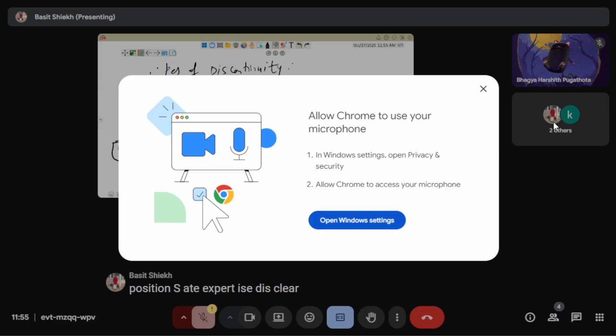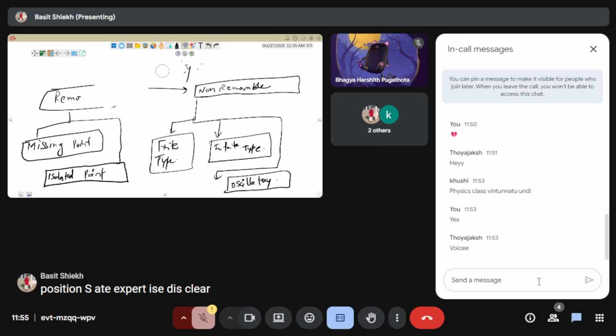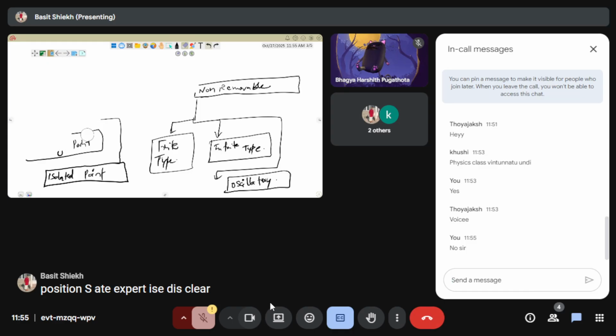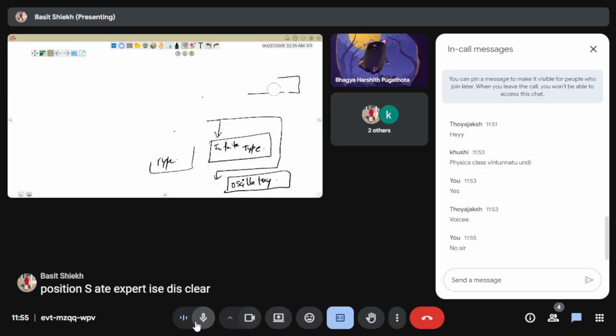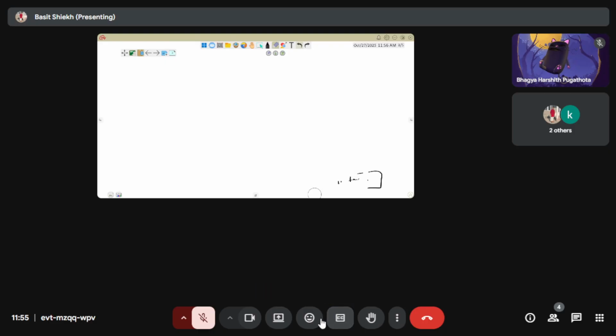At position C, what do we have to find? The total energy at that position, potential energy plus kinetic energy. In this case, what is my potential energy? My potential energy at this point is 0. In this case, we had one point which was missing. At that point, the function was not defined.